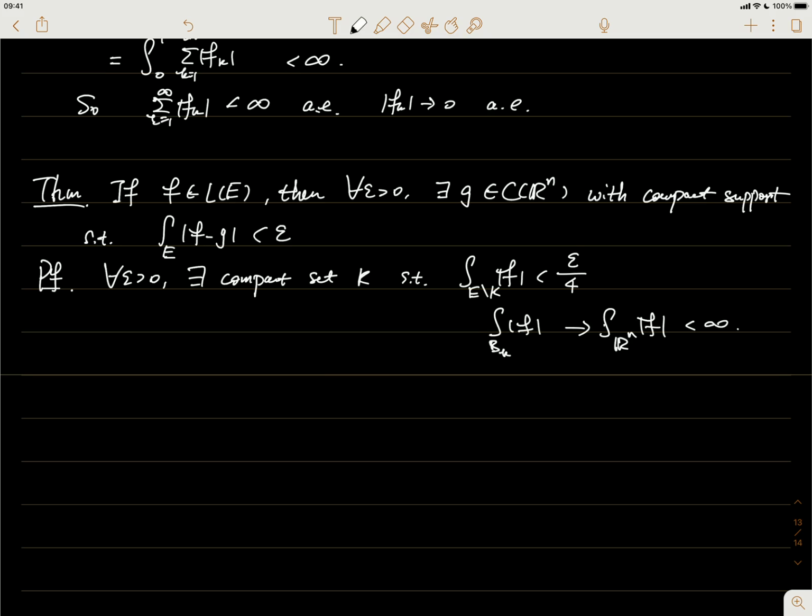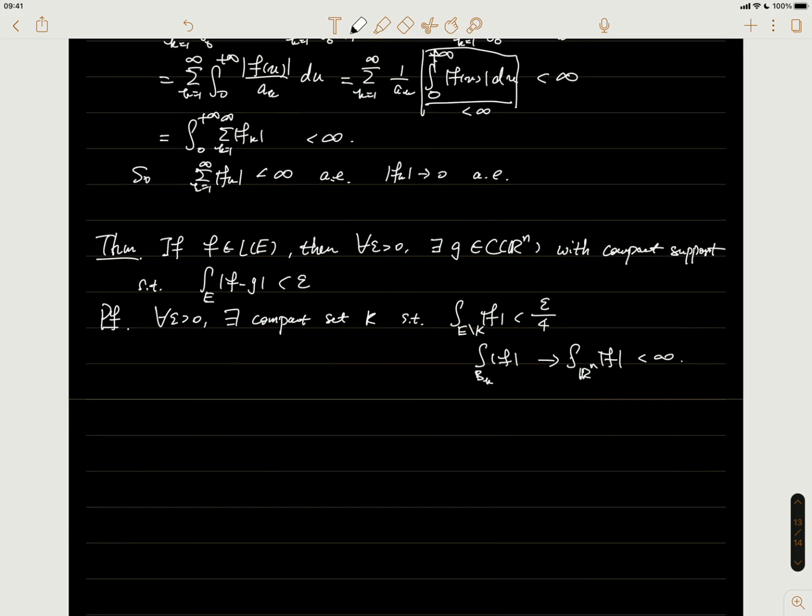Since bk goes to the entire set R^n as k goes to infinity, this one is monotonically increasing to the integral of f over the entire set R^n. They're all finite, apparently. And then we can take the difference of the two.